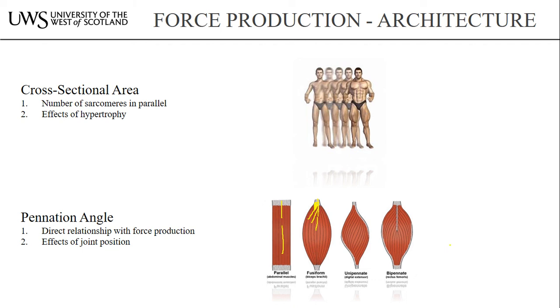In general, the general rule we should consider is that the greater the pennation angle, or the more, let's say, acute the pennation angle, the greater is the ability to produce force from that specific muscle.